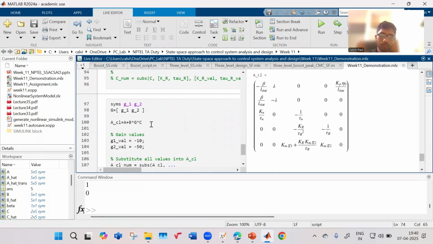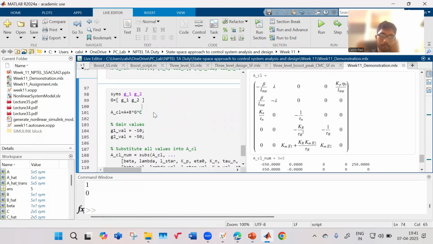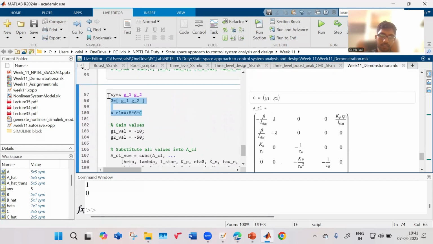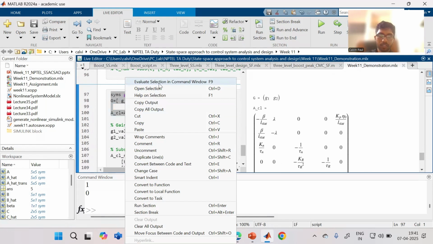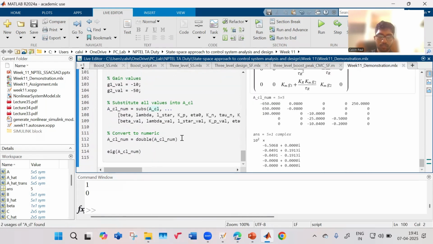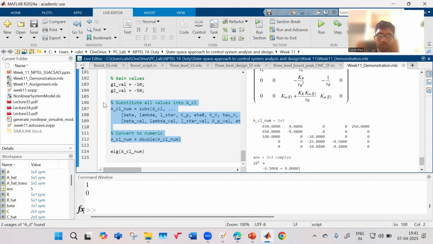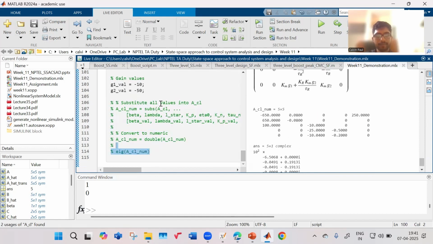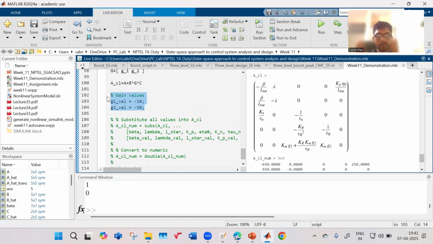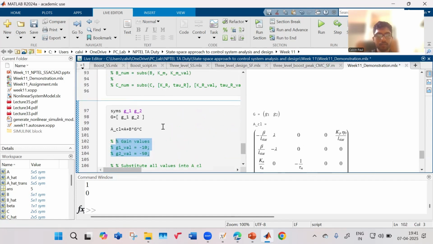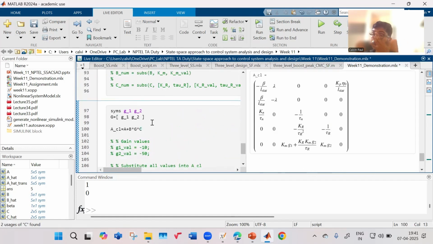So let us run this. We will evaluate the selection. Let us comment it out. So we are defining the gain matrix G1 and G2.